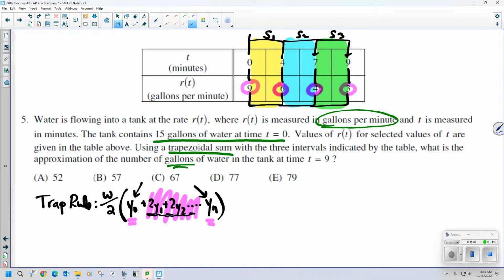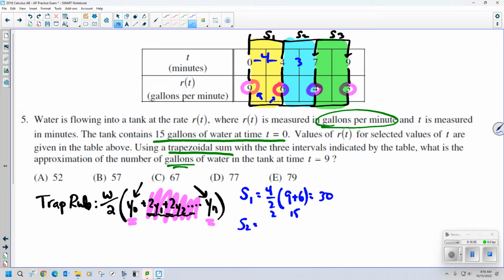So, subinterval 1. I'm going to do these like 3 separate things. My width is 4, so I take 4 over 2 times 9 plus 6. That's 2 times 15, which is 30 for subinterval 1. Subinterval 2.